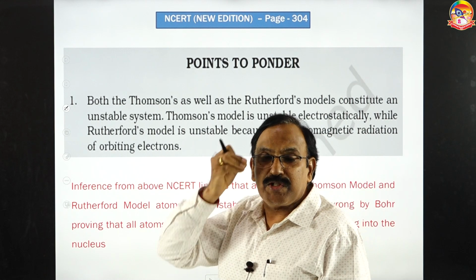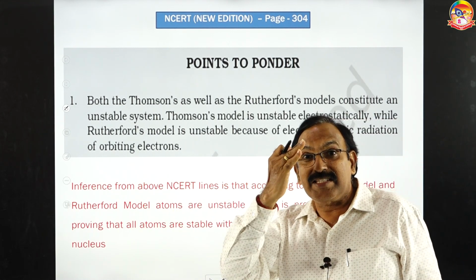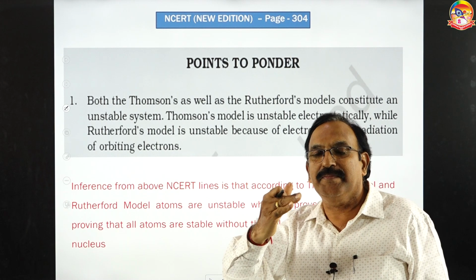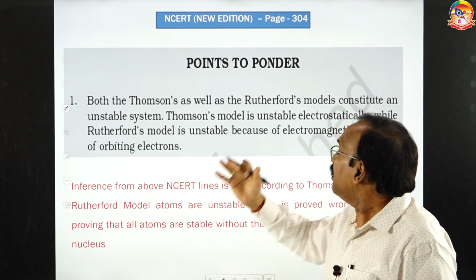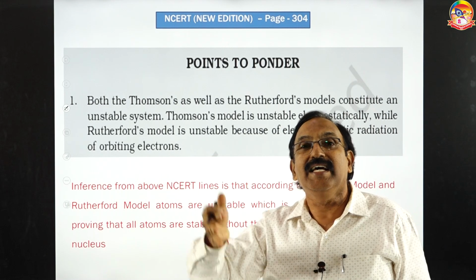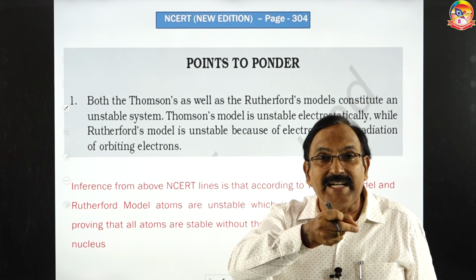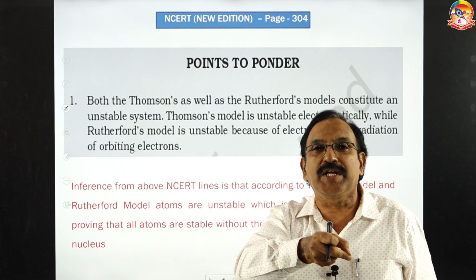What is to be understood here is that the stability of the atom is being discussed: whether the electrons are orbiting in their stationary or stable orbits or collapsing into the nucleus.